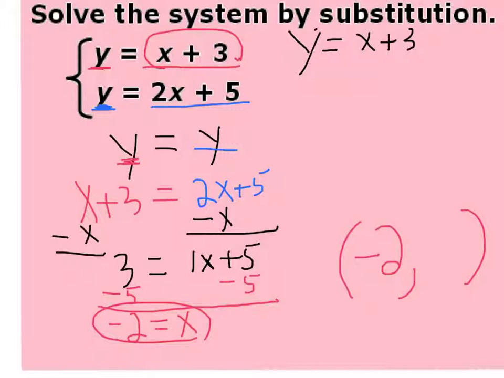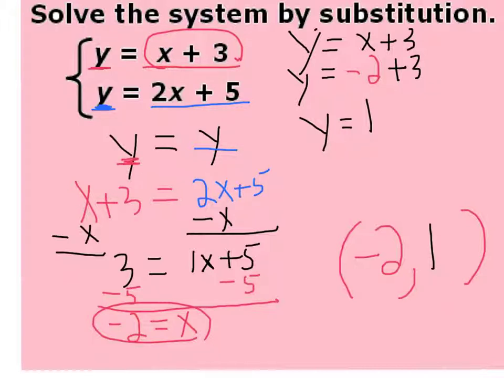Substitute it in. So here's my -2, so I'm going to put -2 where x is, and then I'm going to do plus 3 equals y. So let's solve that. 3 plus -2 is 1, so y equals 1. There's my answer. X is -2, y is 1.